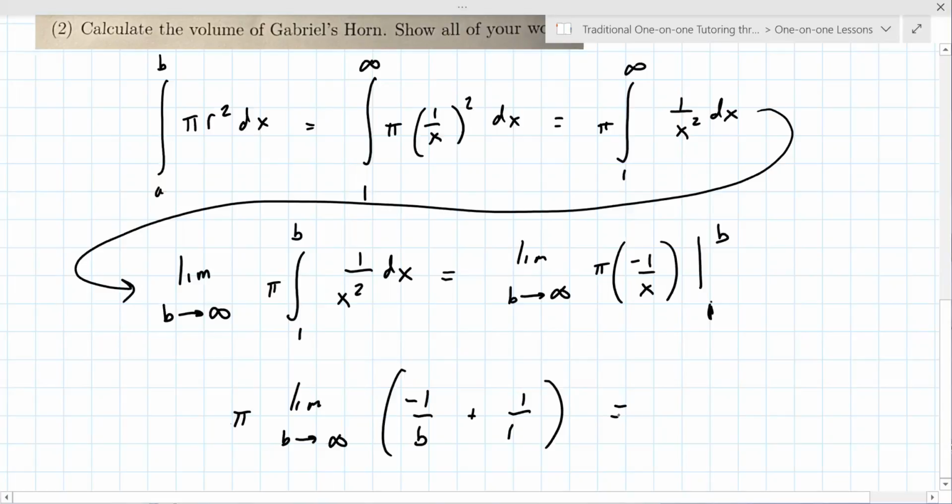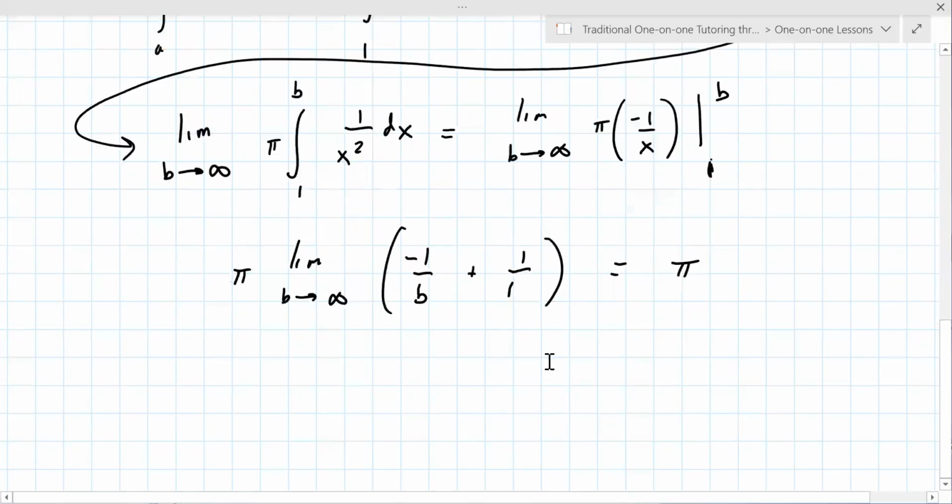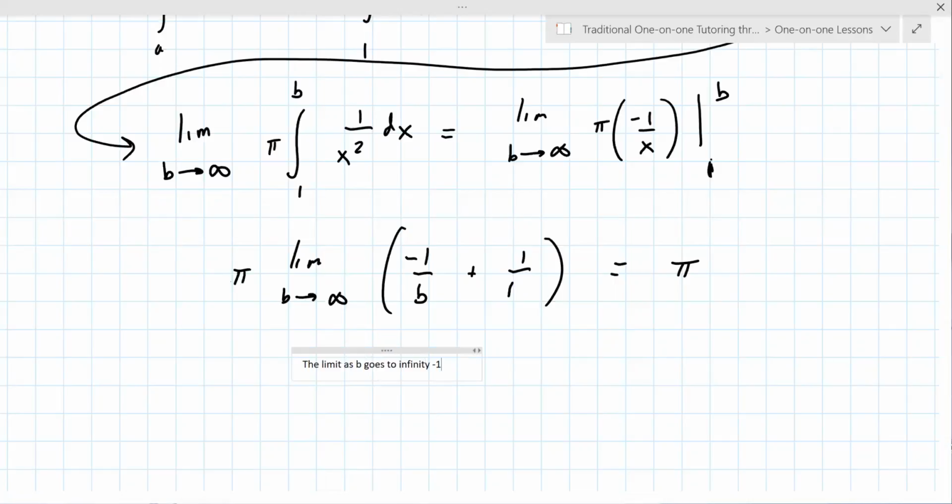And this is where you write your answer of just pi. And you may need some explanation, or you may need to say in words that, I'll type it here, the limit as b goes to infinity of minus 1 over b is 0.